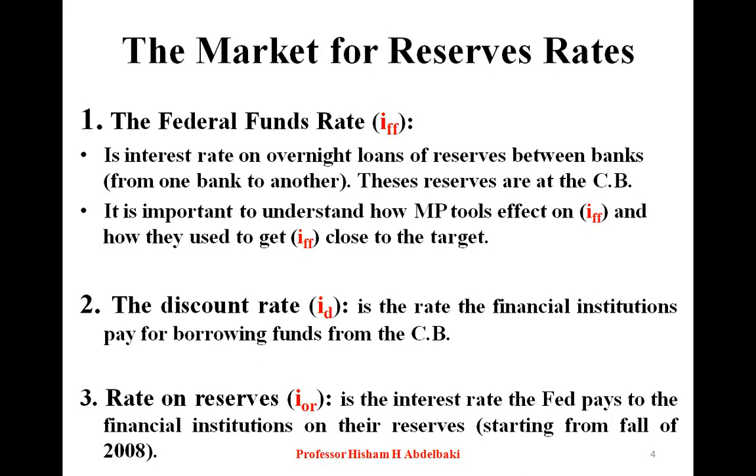Before 2008, the central bank was paying nothing. So financial institutions kept their reserves and received no interest on these reserves. But starting from 2008, the central bank started to pay interest on the reserves of the financial institutions.